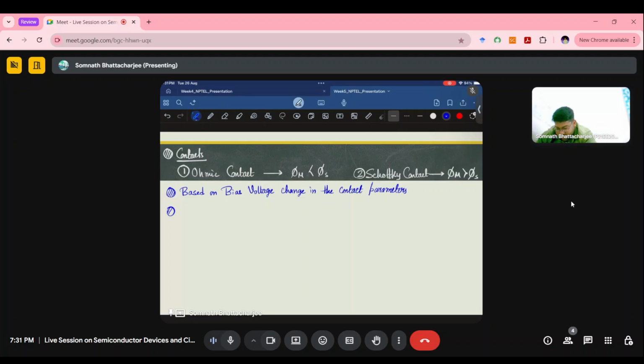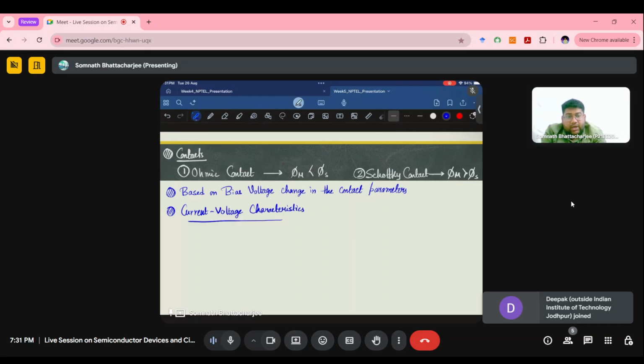After that, we have learned the most important thing, that is the current voltage characteristics. Why is it important? Because for any kind of a MOSFET or a BJT, this is one of the most important characteristics.